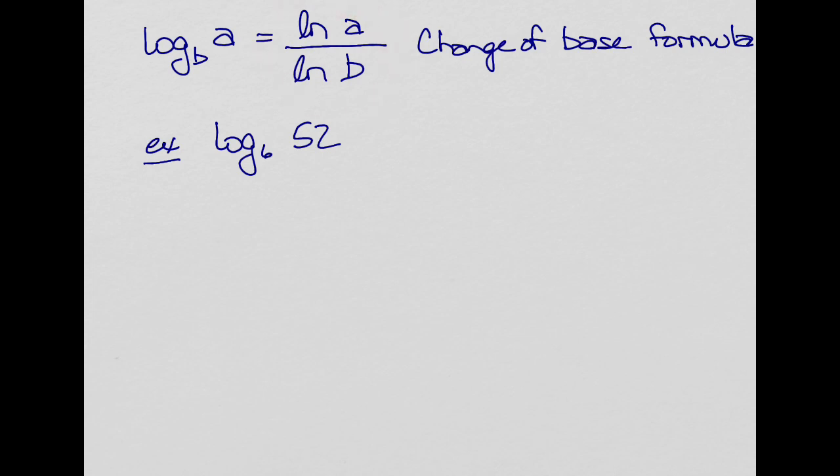Log base 6 of 52, the change of base formula says that's the natural log of the number, 52, divided by the natural log of the original base, which is 6. That's something that's pretty easy to do on the calculator. Again, make sure you close up those parentheses on the top, and we end up with, rounded to 2 decimal places, 2.21, and done.